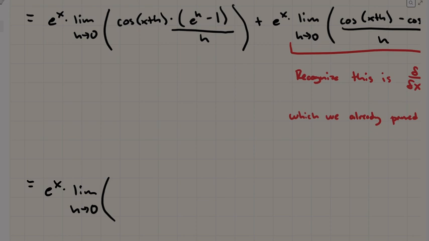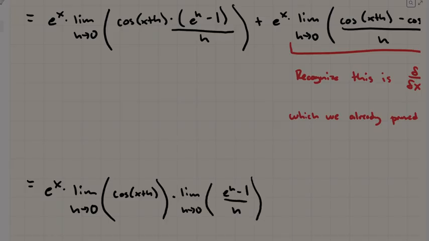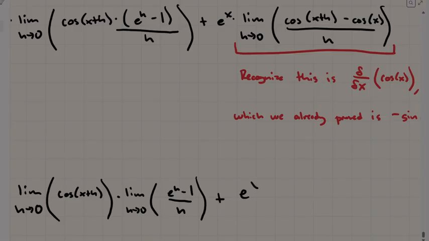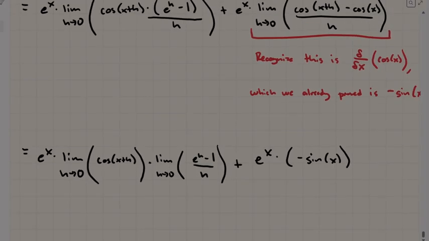So that'd be e to the x times the limit of cosine x plus h times the limit as h approaches 0, e to the h minus 1 over h, plus, and then we said this is e to the x times negative sine of x, the derivative of that line.